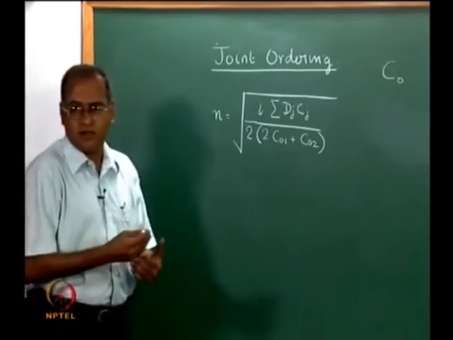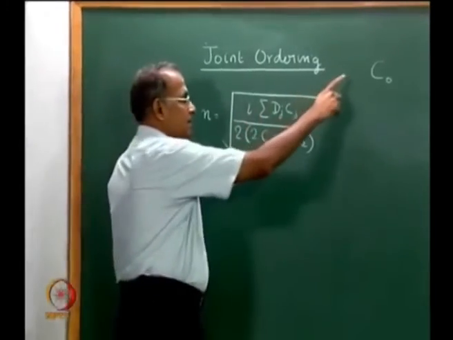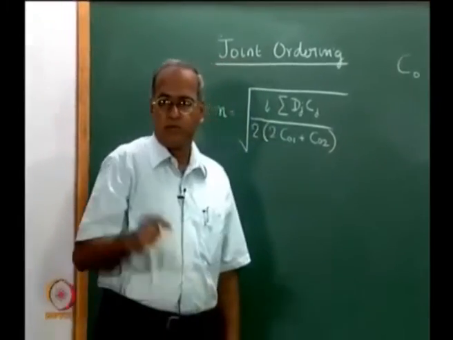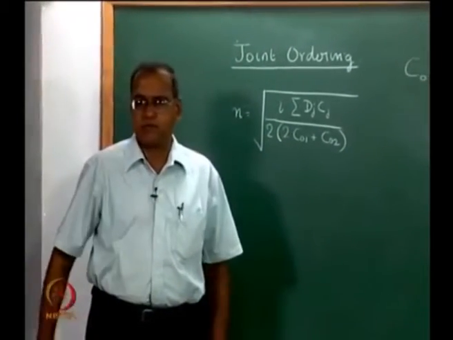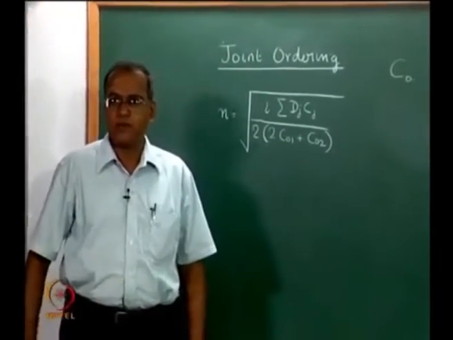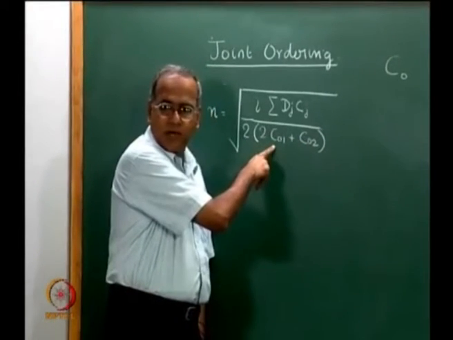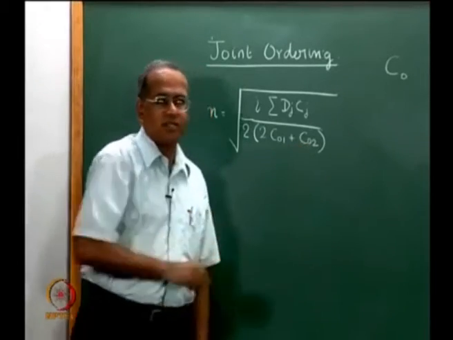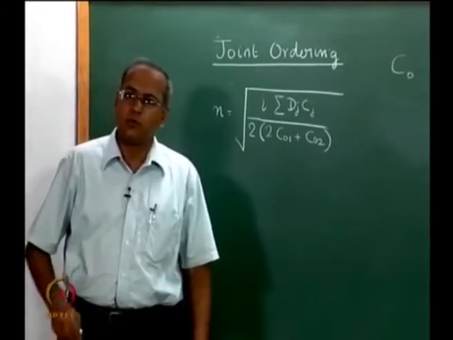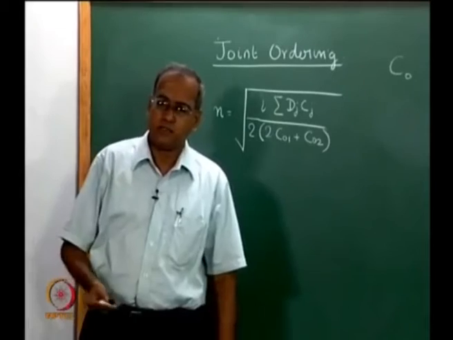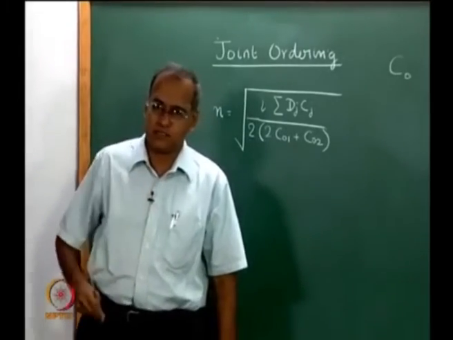Therefore, the total order cost, instead of becoming k times C0 for each of the k items, now becomes C02 plus k times C01, because we assume the truck has enough capacity to bring all the items together. So there is a saving on the truck cost.